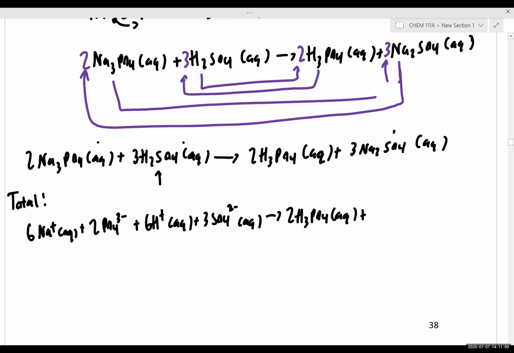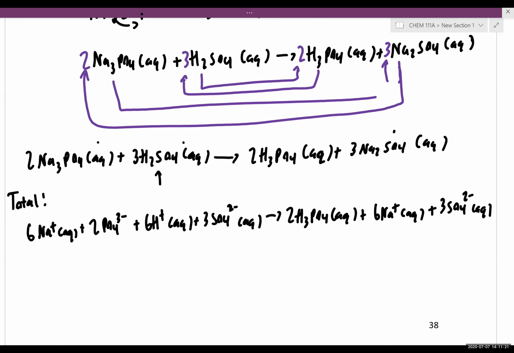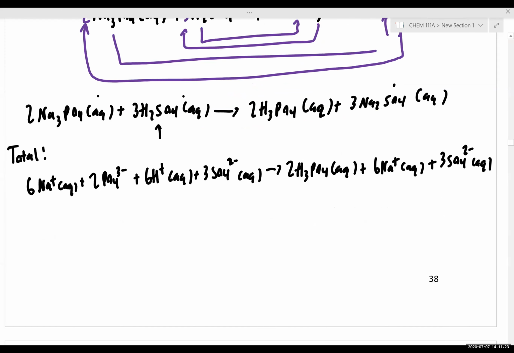And do we dissociate sodium sulfate? Yes, so that breaks down into 6 sodium plus aqueous plus 3 SO4 2 minus aqueous. And now my question is, do we have any spectator ions?